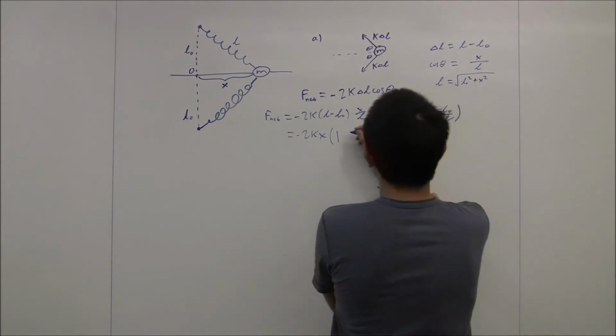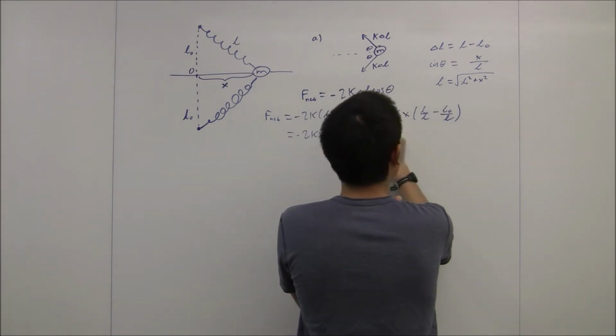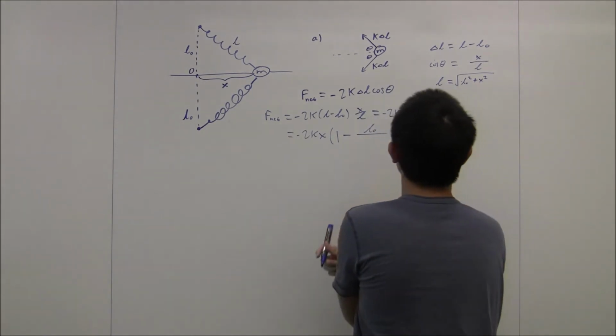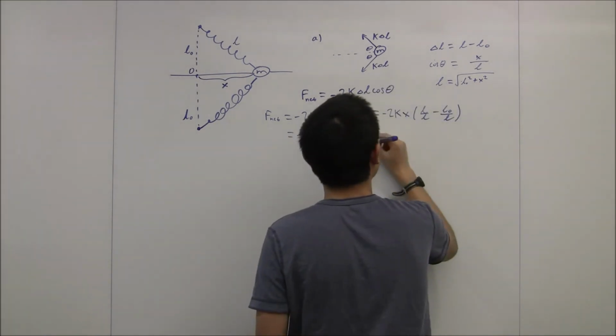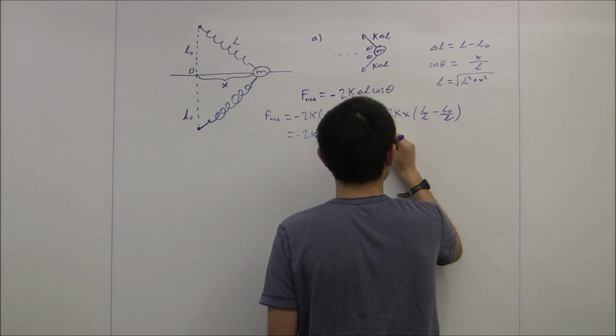And now we substitute in our value for L, which is the square root of L0 squared plus x squared.